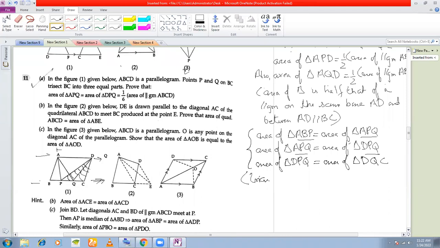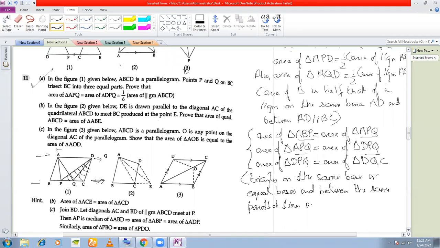Triangles on the same base or equal bases and between the same parallel lines are equal in area.